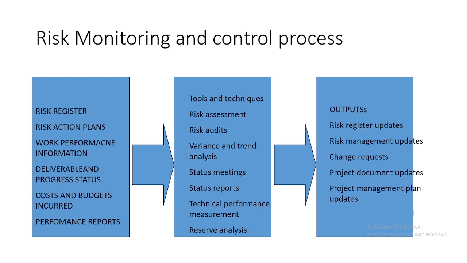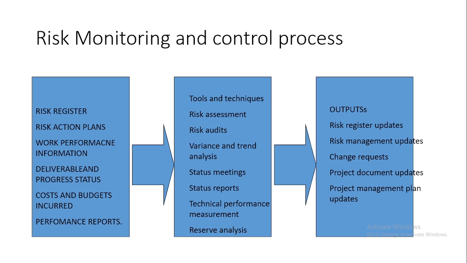So the risk monitoring and control process starts from when we have our inputs, which you look at when you're going to do risk monitoring and control: the risk register, the risk action plans, the work performance information, the deliverable and progress status, the costs and budgets incurred and performance reports.